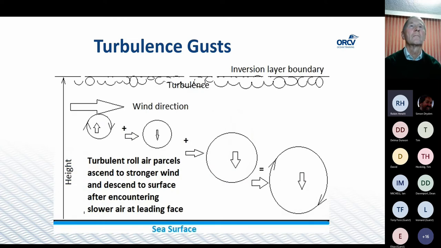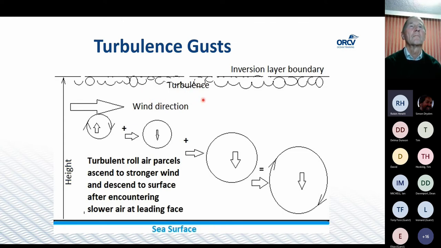There is another kind of gust formation which happens in turbulent air where you have an inversion layer. The inversion layer is a layer of air aloft which is cold. Because it's cold, it's pressing down onto the warmer air with cloud generally, but it's not heavy enough to break through. And the turbulence there passes into the wind underneath.